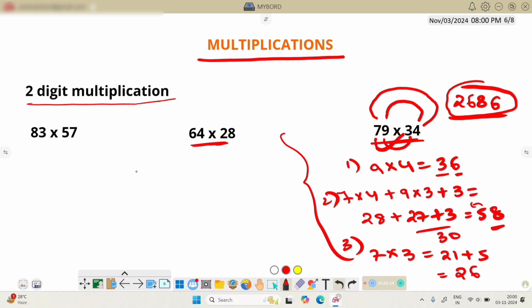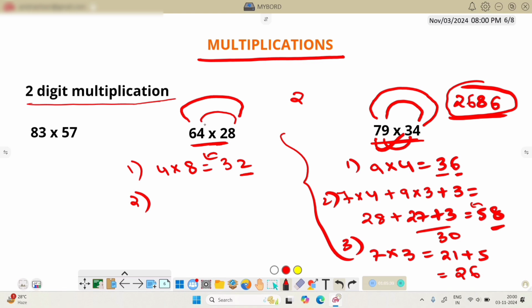Okay, so first step you have to multiply the unit digits 4 and 8. Okay, 4 8s are 32. Here the unit digit 2 is there, you just write down 2 here, and next the 3 is carried over for the next step. Okay, so the next step is you just multiply first and last digit and the middle numbers.